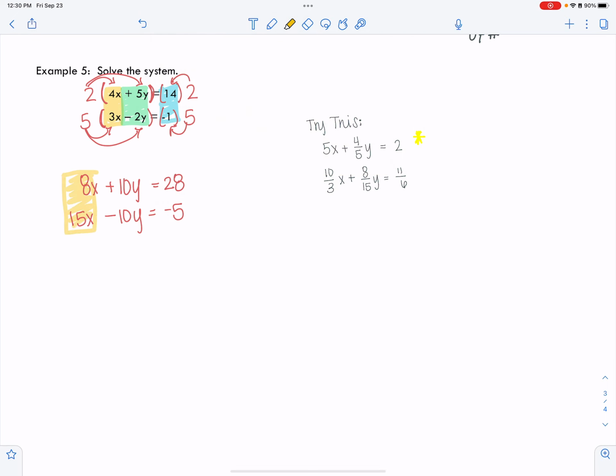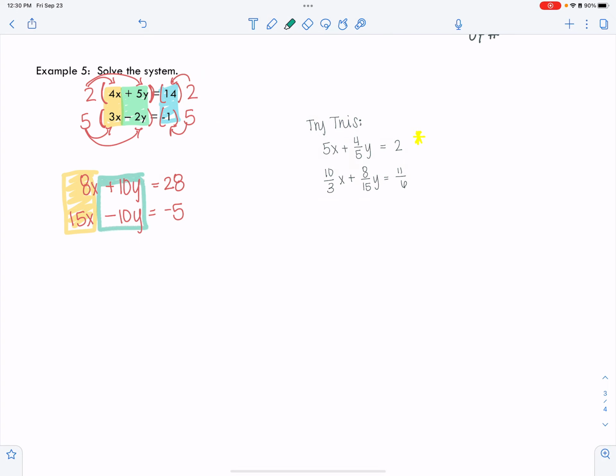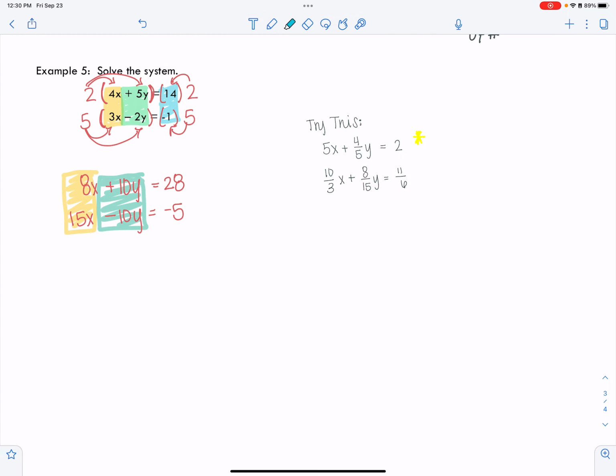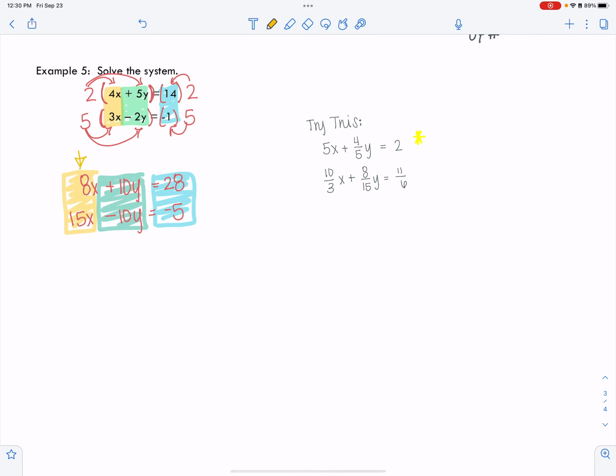So I've got my columns. And now I'm able to add these down the rows. So the first one, 8x plus 15x is going to give me 23x. Positive 10y plus negative 10y, that's going to cancel.